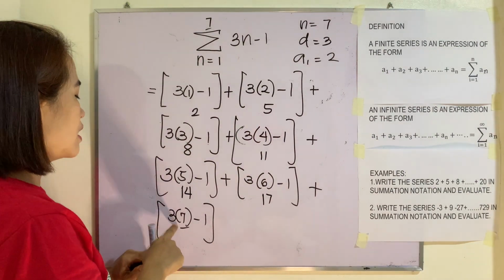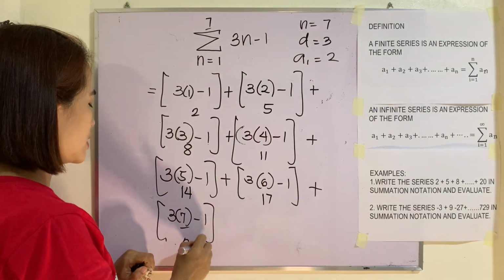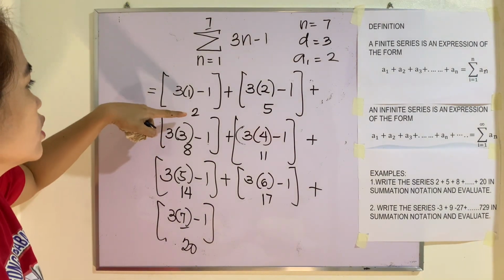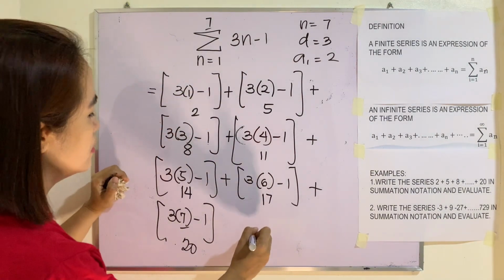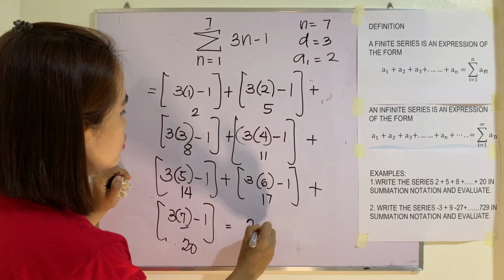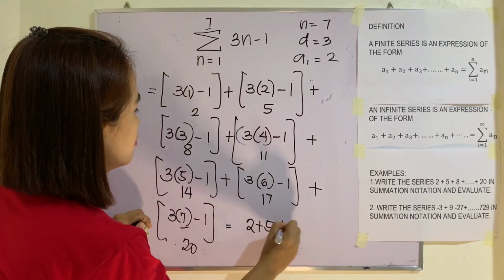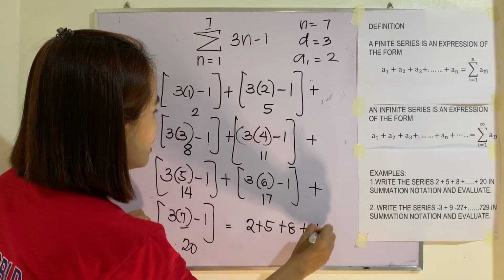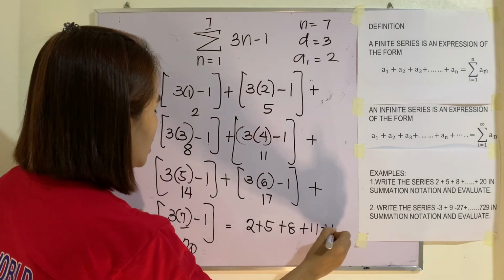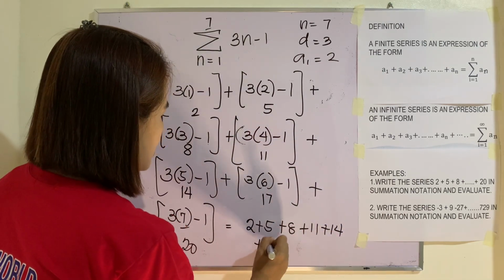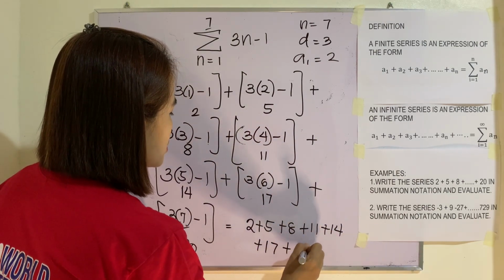And 3 times 7 minus 1, that is 20. So we will be adding 2 plus 5 plus 8 plus 11 plus 14 plus 17 plus 20.